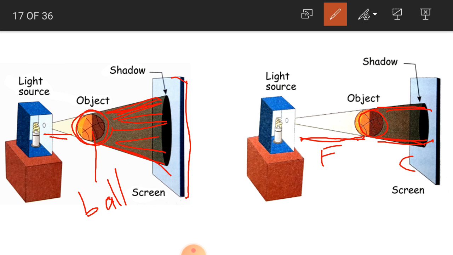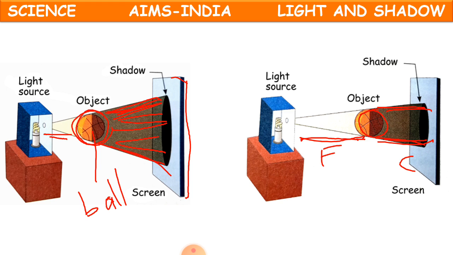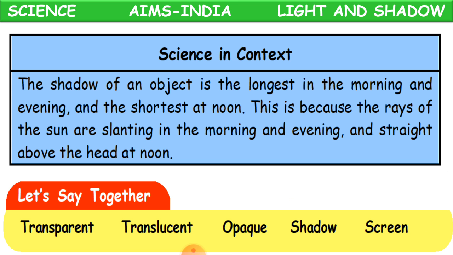So this is how, children, the size depends upon the distance of the light source which is falling on the object. These are the characteristics of the shadow.